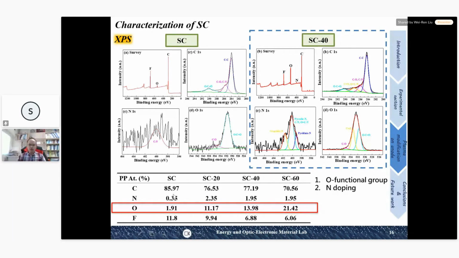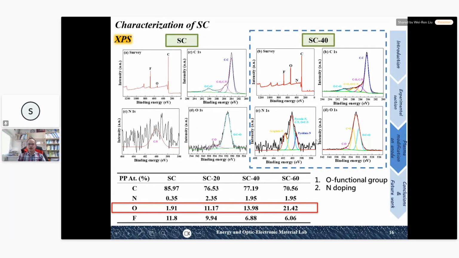We also noticed that the nitrogen increased. For the pristine, there's almost no obvious nitrogen signal on the surface. However, after the 14 times argon plasma treatment, you can see graphitic nitrogen, pyridinic nitrogen, and pyrrolic nitrogen appear in the structure.